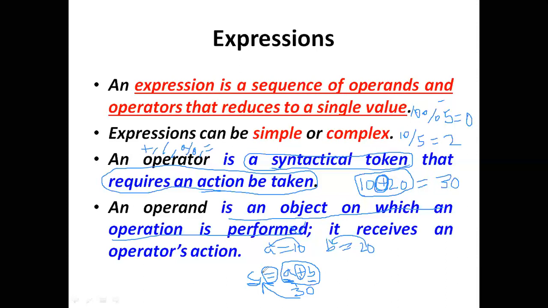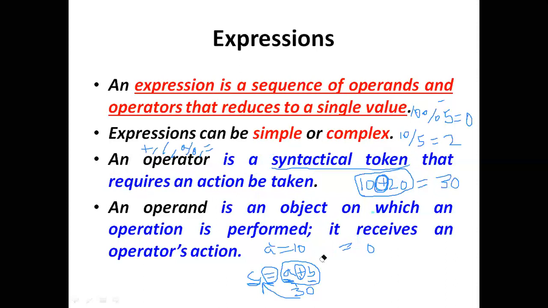The C developers have already assigned a meaning to the action to be done whenever the developer types assignment, or when the expression involves addition. Operand means an object on which an operation is performed, and it receives an operator's action.